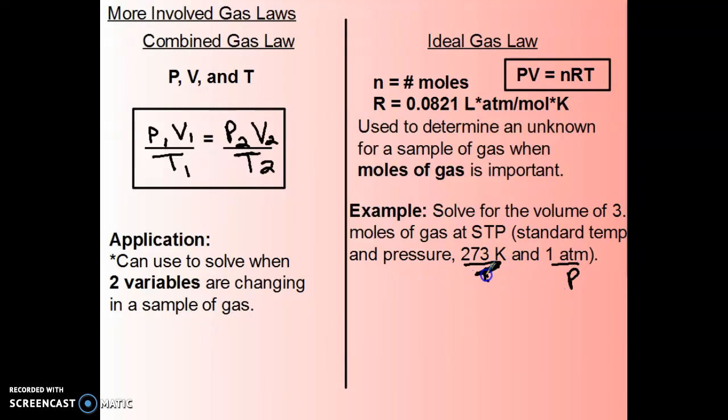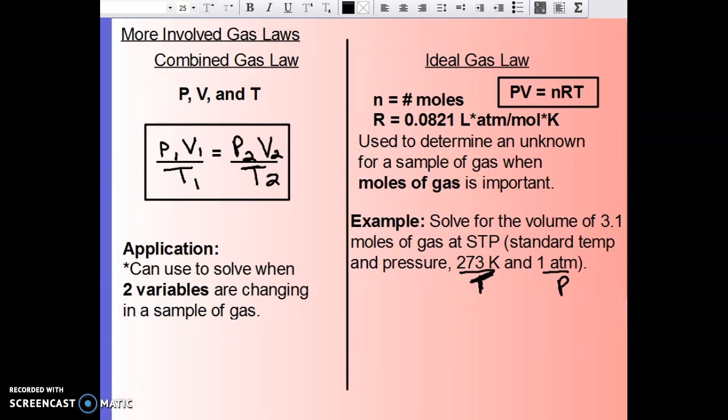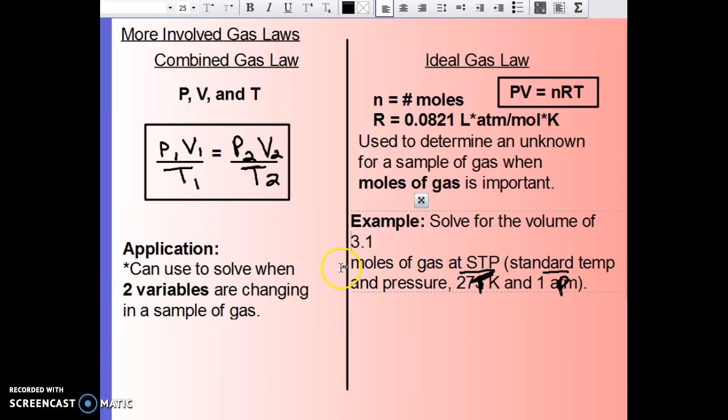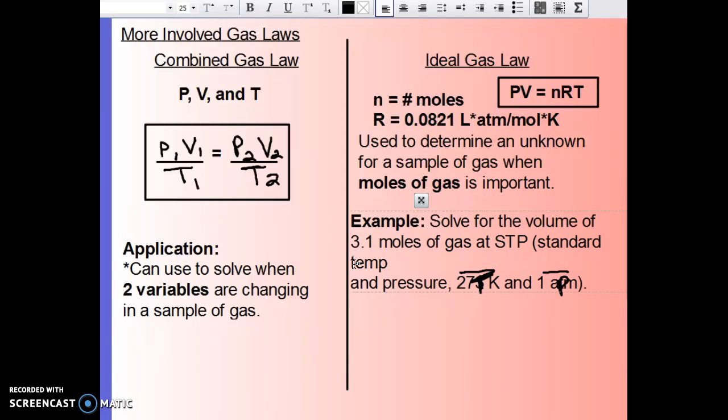So these are going to be the values we plug in for our temperature and pressure. And we're going to solve for the volume of 3.1 moles of gas at STP, our standard temperature and pressure. I'll just move it to the next line.